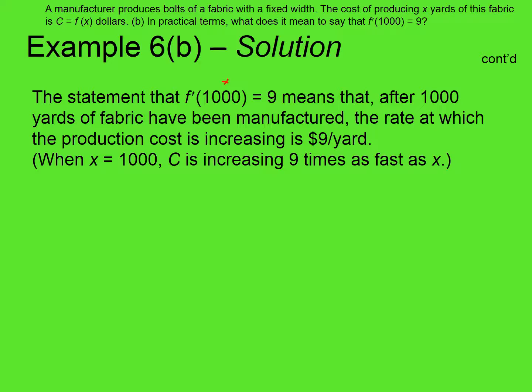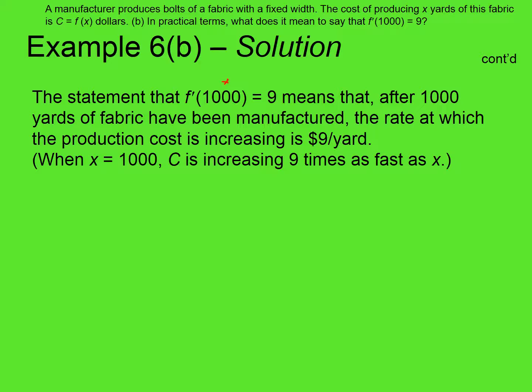So as we go from 998 yards to 999 to 1,000 to 1,001, we might be going downward from, say, $11 per yard to $10 per yard to $9 per yard. Maybe we stay on $9 per yard as we continue to produce, then maybe we get down to $8 per yard.